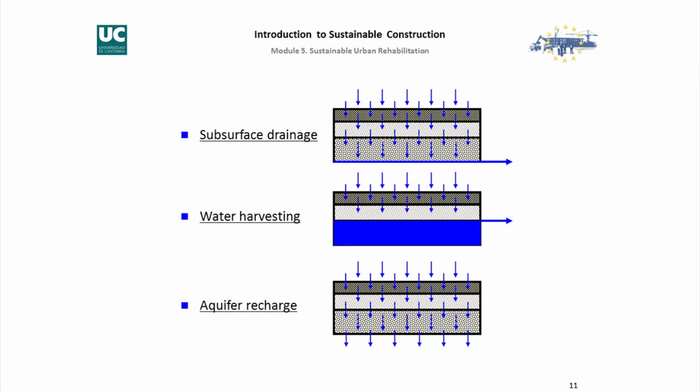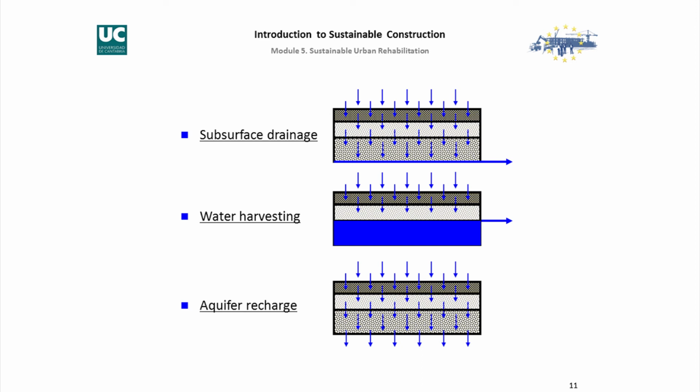If we only want to obtain more time to avoid the peak of the storm event, to prevent flooding, we can use just simply a subsurface drainage. Okay, just the time that it takes to the rainwater to pass through the different permeable layers is very good for the wastewater treatment management.